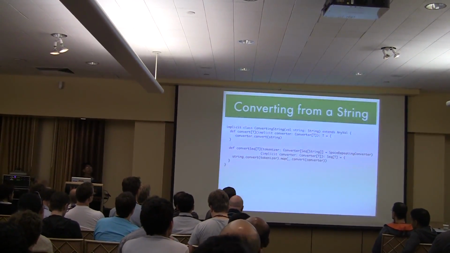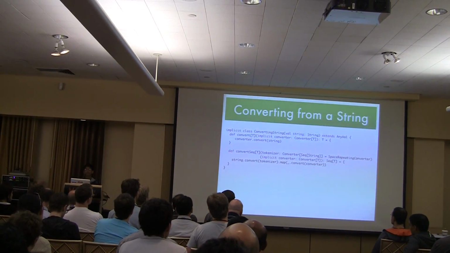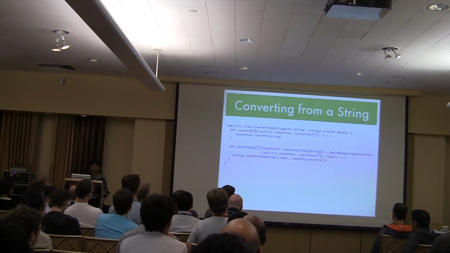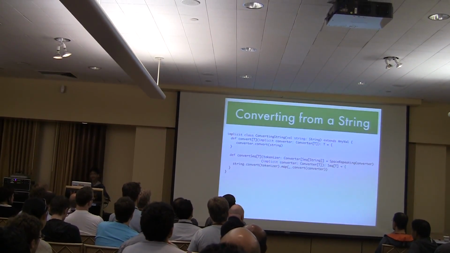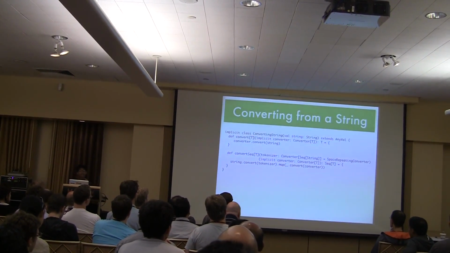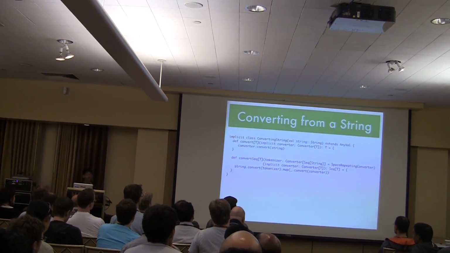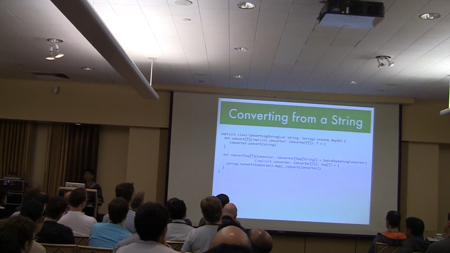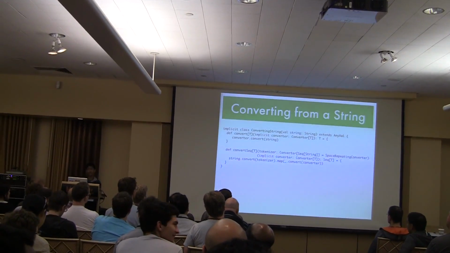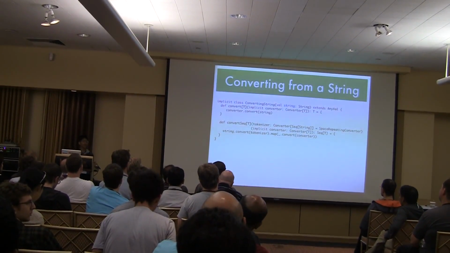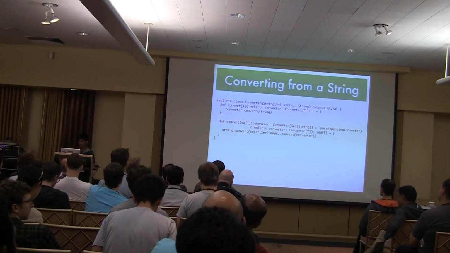But what if you have a bunch of strings separated by a certain thing, like a space? How are you going to convert that to a bunch of types? For that, I have convertSequence. This is also parameterized on a type T. The first parameter is a tokenizer. This is going to be a converter of sequence of string. By default, this is the space repeating converter, since usually if you have multiple elements in a line, they'll be split up by spaces.